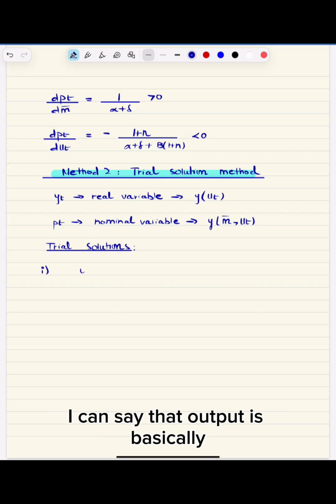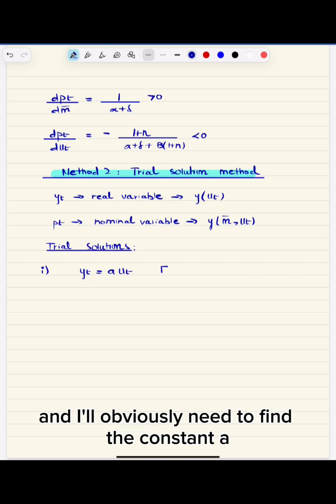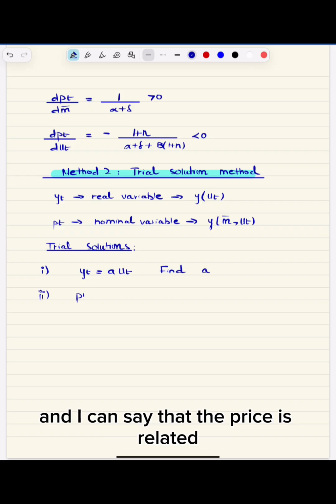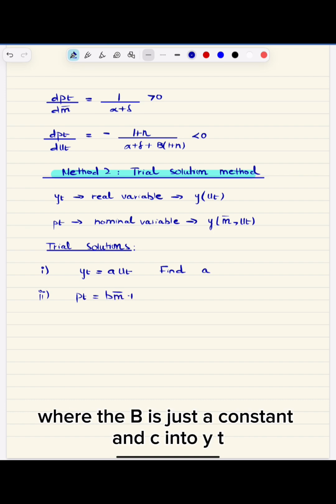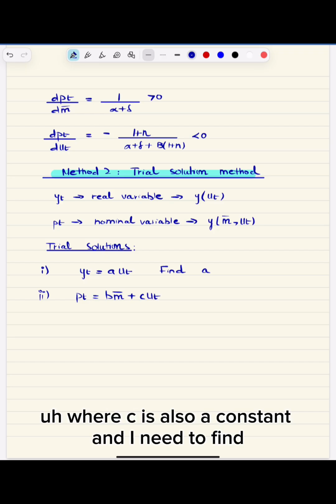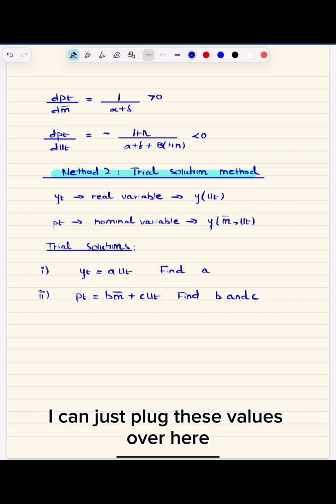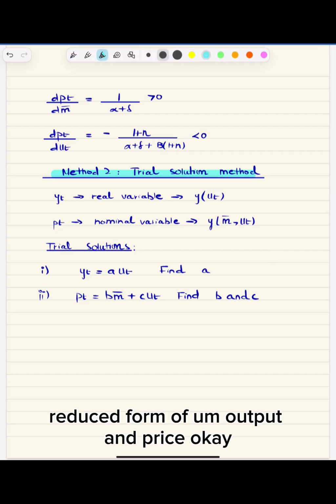I can say that output is basically related to the error, Yt = A ut, and I'll obviously need to find the constant A. And I can say that the price depends on monetary policy, Pt = B m bar + C ut, where B is just a constant, and C is also a constant, and I need to find B and C. Once I find B and C, I can just plug these values over here and I'll get the reduced form of output and price.